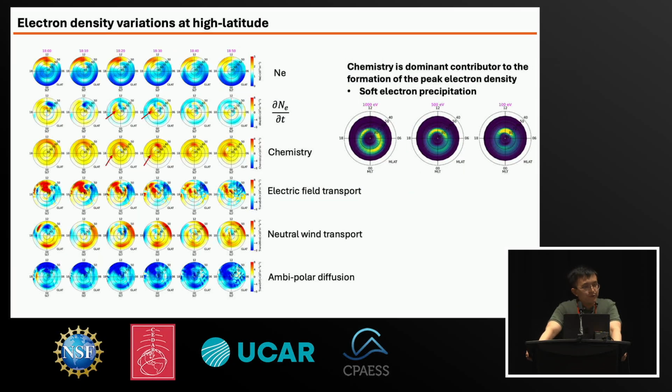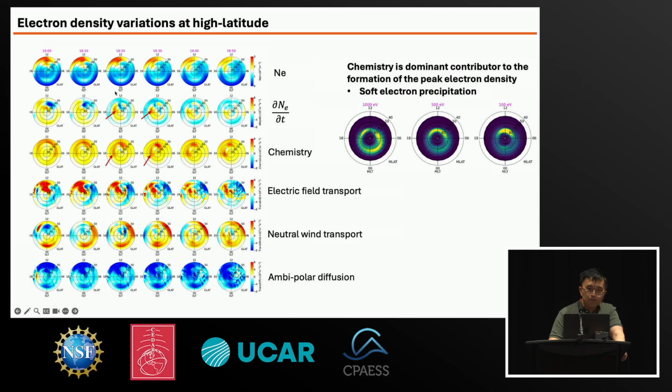Then we did a term analysis of the ion continuity equation, as shown by Roger earlier this session. The ion continuity equation just means that the variation of the electron density is a combination of chemistry, electric field transport, neutral wind transport, as well as ambipolar diffusion.